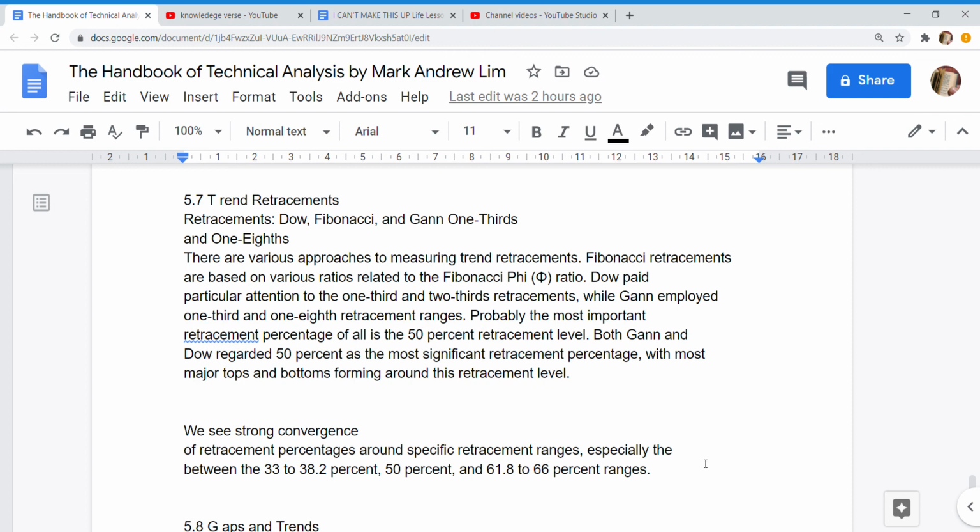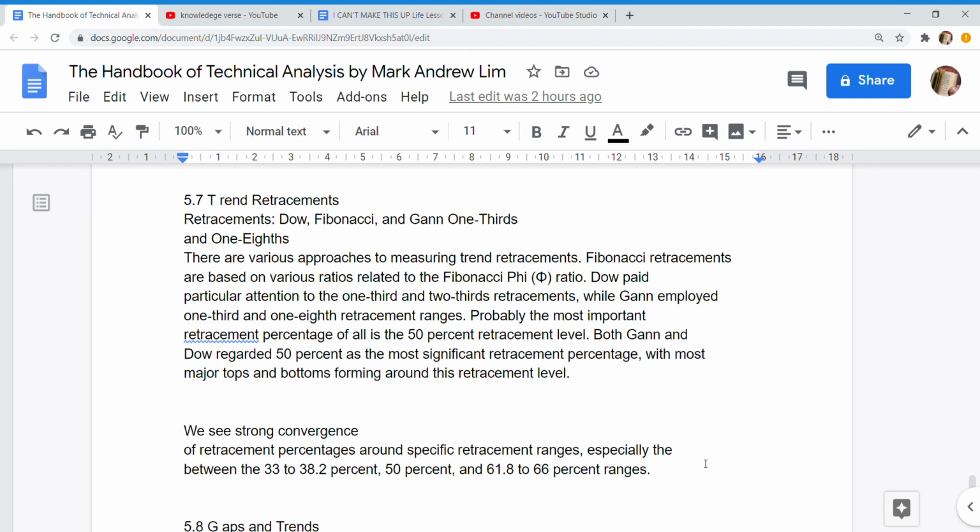There are various approaches to measuring trend retracements. Fibonacci retracements are based on various ratios related to the Fibonacci phi ratio. Dow paid particular attention to the 1/3 and 2/3 retracements, while Gann employed 1/3 and 1/8 retracement ranges.